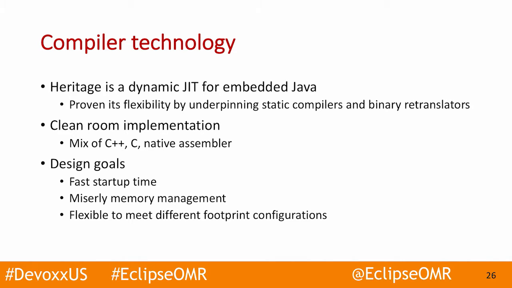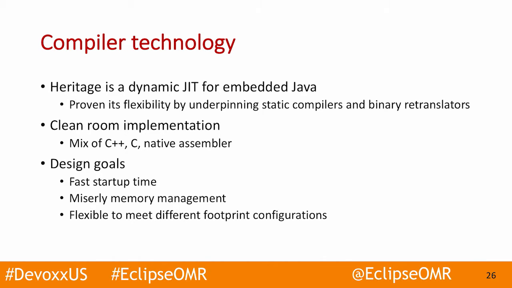So it didn't start as a static compiler. A lot of the things that it had to solve early on were intended to be solved in a dynamic environment, which is really good for runtimes these days. But having said that, over the years it has proven its flexibility by being able to produce static compilers and binary retranslators and stuff like that. So it is a fairly flexible piece of technology.